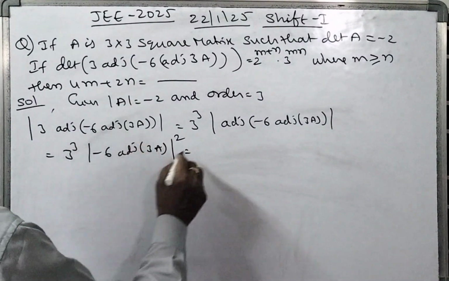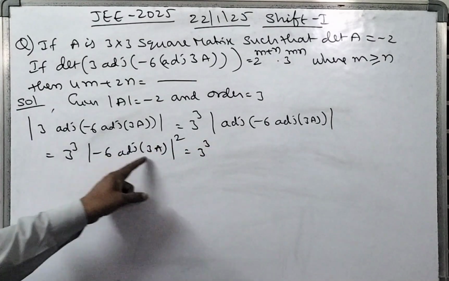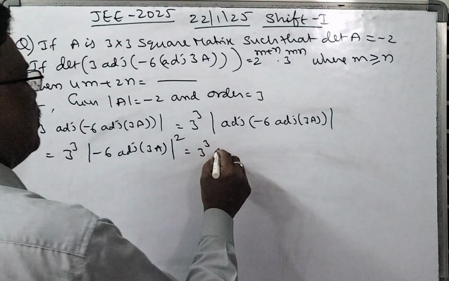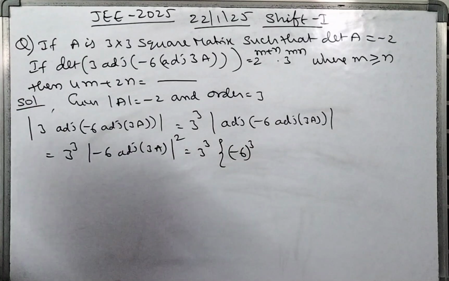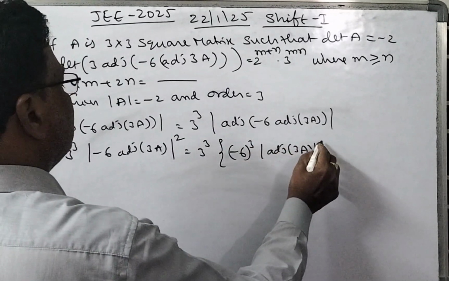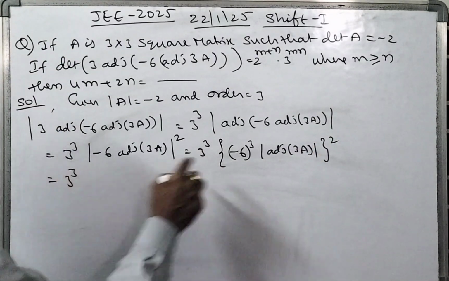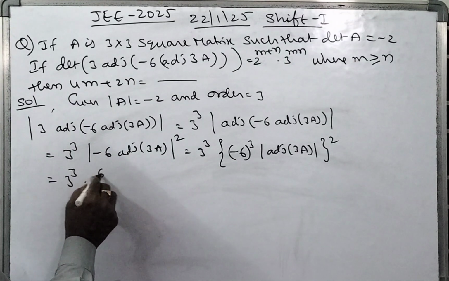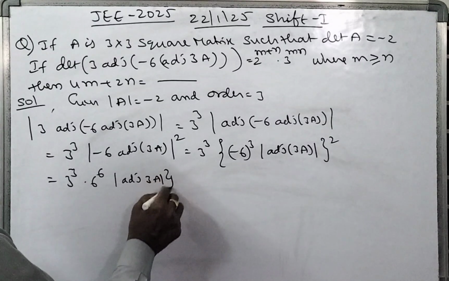So now this is 3 cube into the determinant of minus 6 adjoint of 3A whole square. Again the determinant of kA is k power n into det A, so this is minus 6 whole cube into the determinant of adjoint of 3A whole square. Now this is equal to 3 to the power of 3 into minus 6 whole to the power of 6, that is 6 power 6, into the determinant of adjoint of 3A whole square.